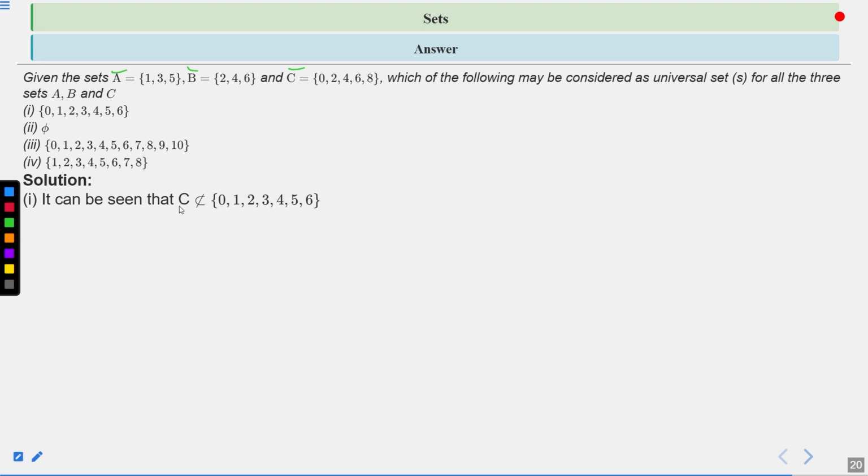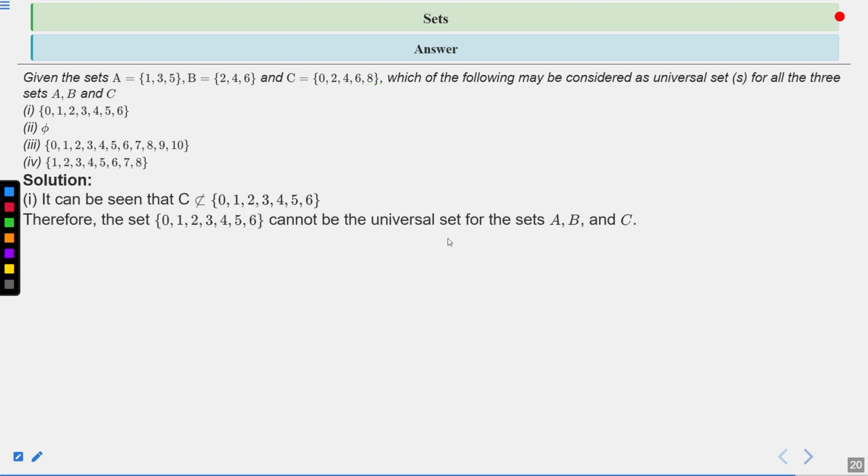So C, not a subset for the first option. Why? Because 8 does not belong to this set. So this cannot be described as a universal set.